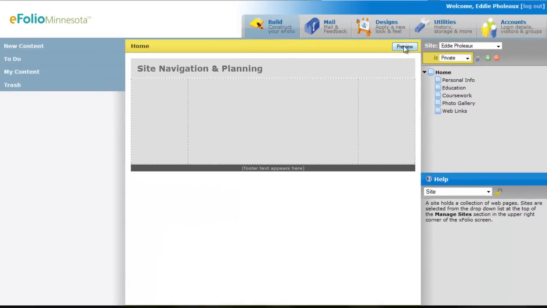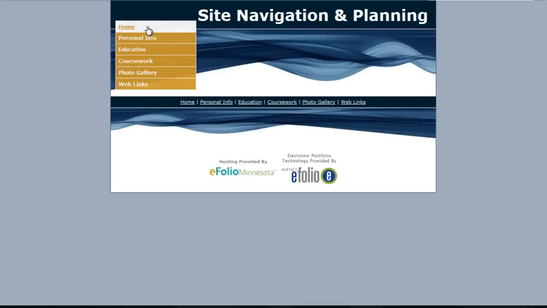So if I click on the preview button for this site, you'll notice that those same pages become links in the left-hand side of the screen using this design, and that they will also be identified in the footer area of your page. No content on this page yet, so you're only seeing the links.